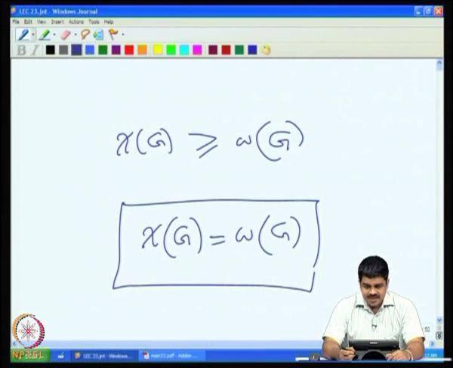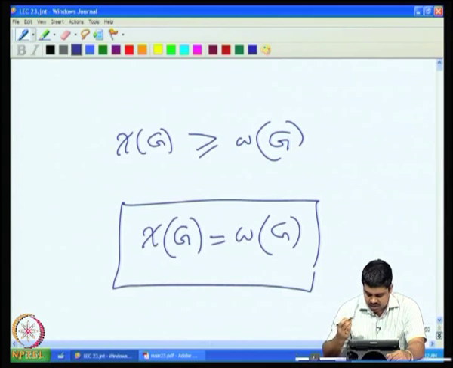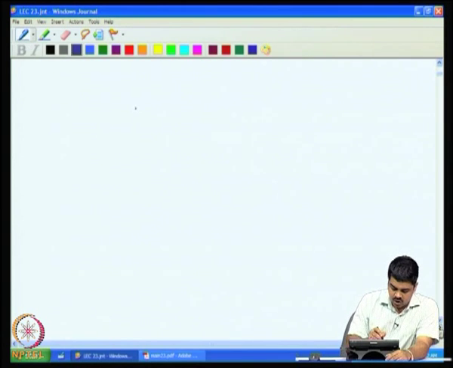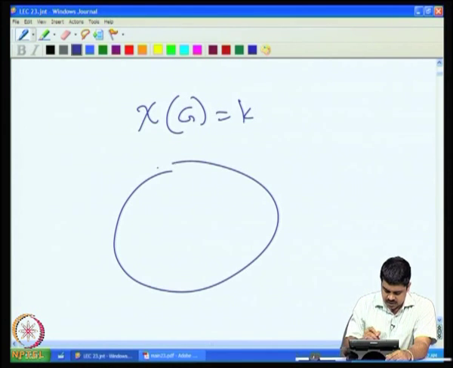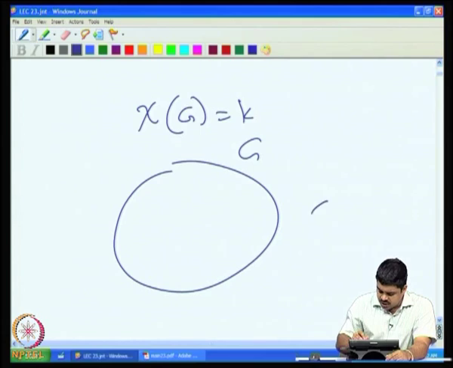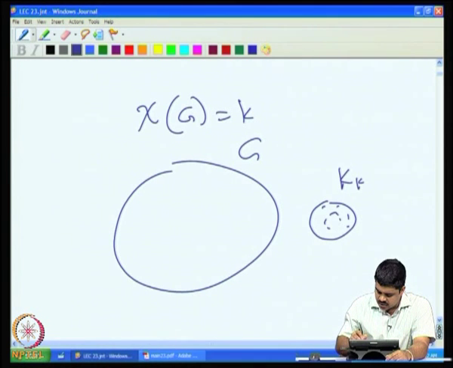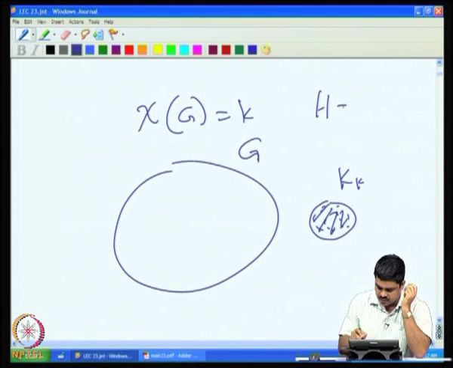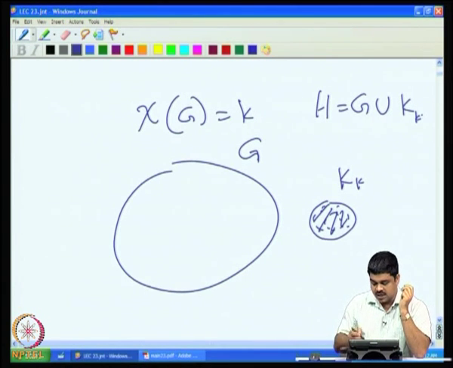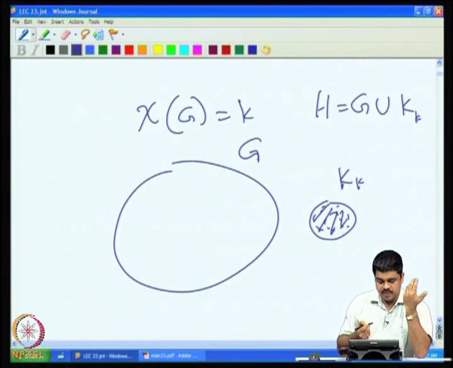As such, it does not make much sense, because you can take any graph G with chromatic number of G equal to say k, and then you put a small clique on k vertices. So, here is a graph H, where H is equal to G union K_k. The clique number will be k and the chromatic number will be equal to k.